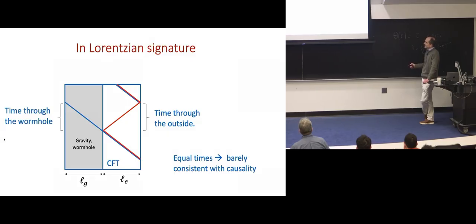And then, for example, the energy of this excitation gets reflected, and it reaches the other side. So there is the time that it takes to go through the exterior of the wormhole. And in this case, they're exactly equal. Now, just by causality, we expect that this time should be shorter than the other. But in this particular setup, they are exactly equal. So it's barely consistent with causality. Okay?